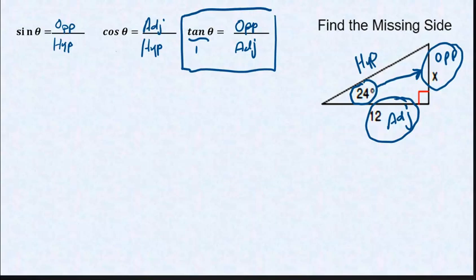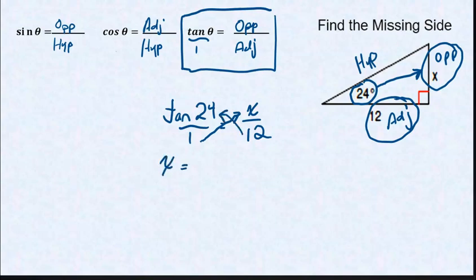There are a couple of different methods for solving these, and I prefer cross multiplication, and I'll explain why. Because in the previous example, when I cross multiplied, I ended up having to divide the tangent ratio. In this case, I don't have to do that.